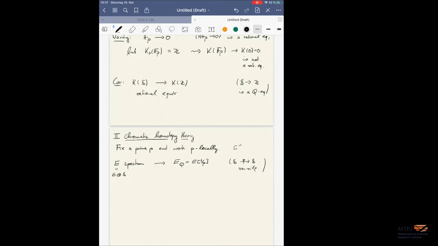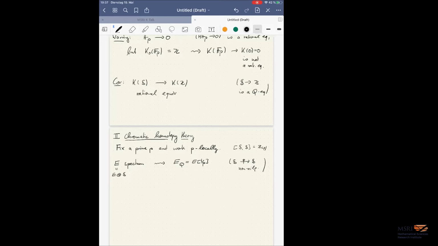And because the maps from the sphere spectrum to the sphere spectrum are Z-localized at P, there are not so many other interesting maps I can take. So I can either take a unit, essentially, or a power of P. So if I want to invert an element, an endomorphism of the sphere spectrum, the only thing essentially I can do is to invert P.